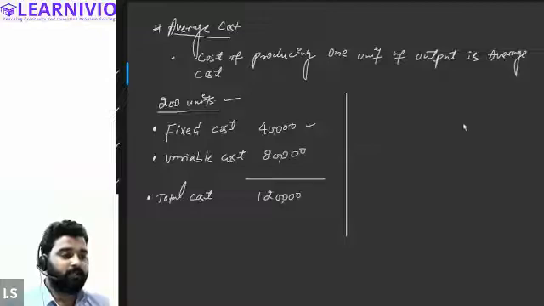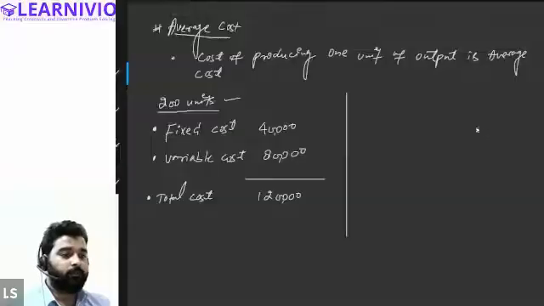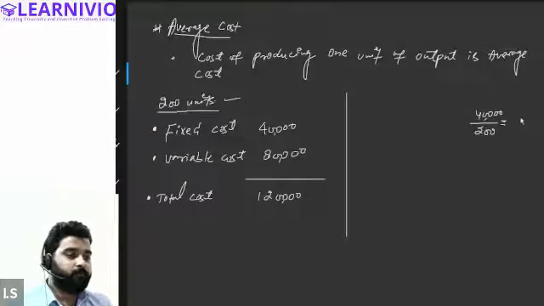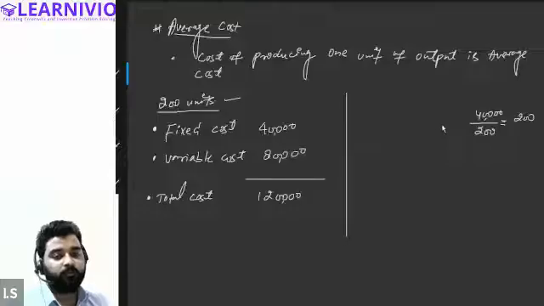If you are spending 40,000 for producing 200 units of output, that means on every unit, you must be spending 200 rupees per unit.